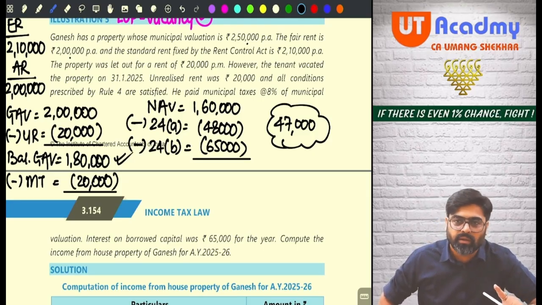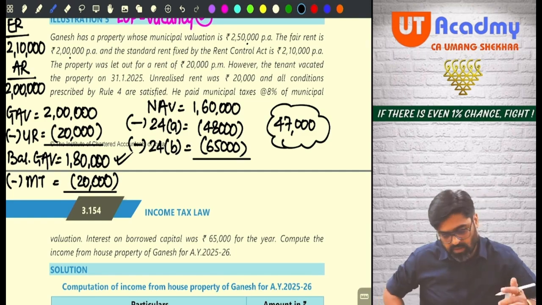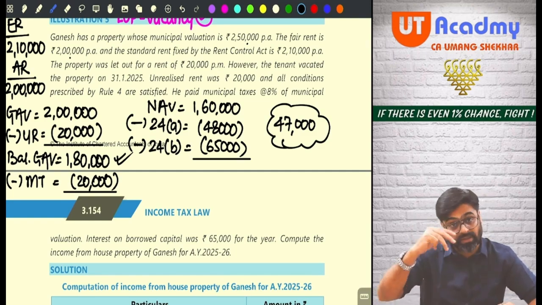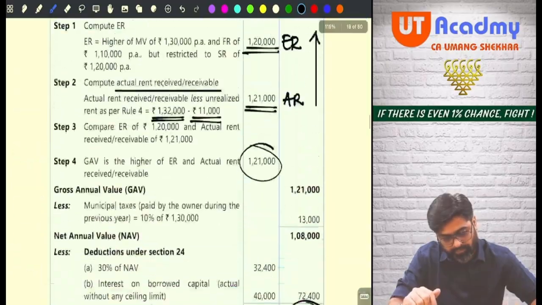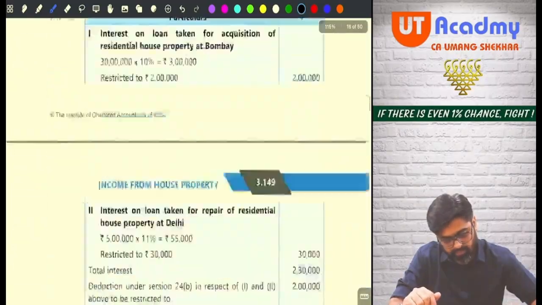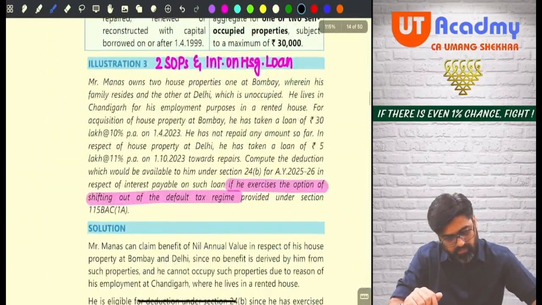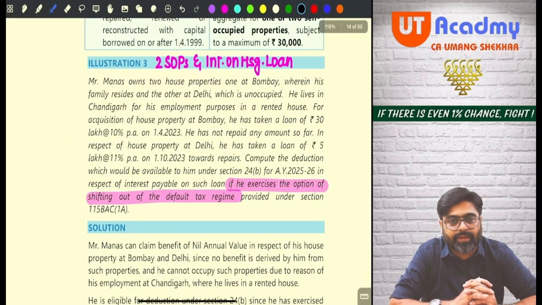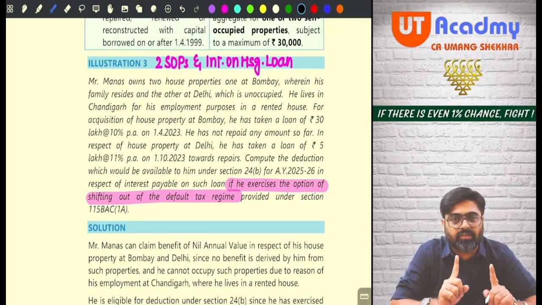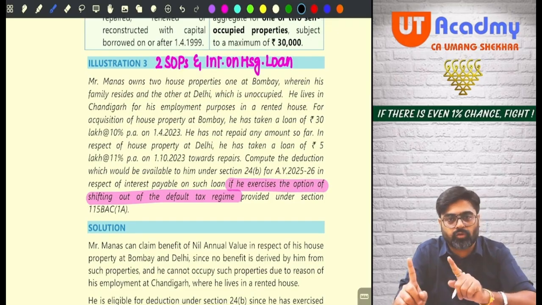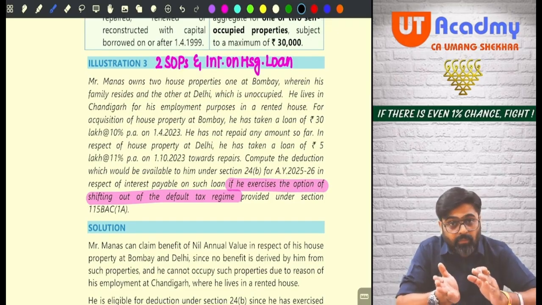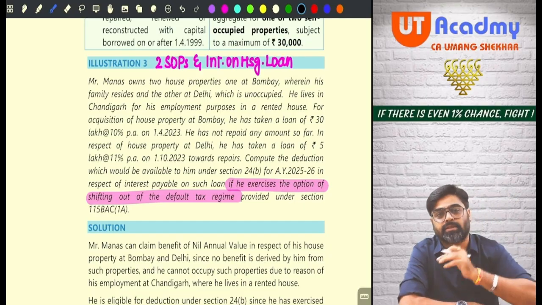Sure. Shall we move on to the next question? Come to question number 3 now. Now this is a question where two SOPs are there. Wait. Please listen to me carefully. Two SOPs are there. And both the SOPs have interest.